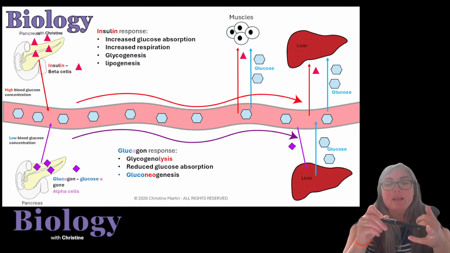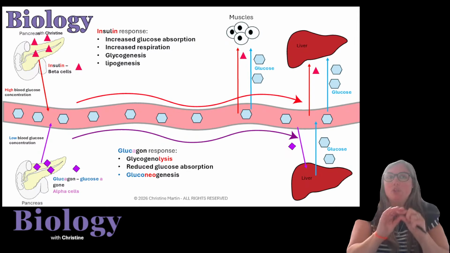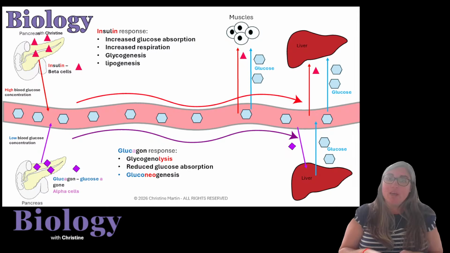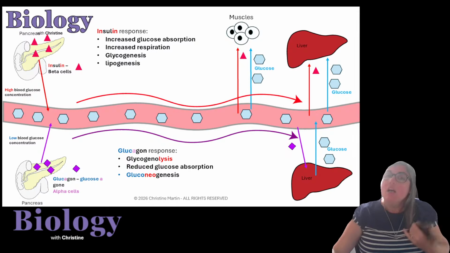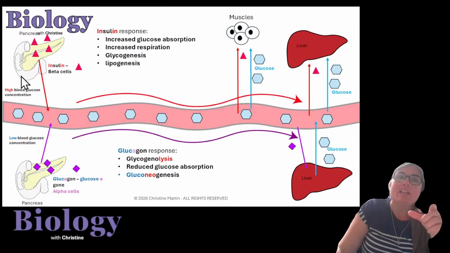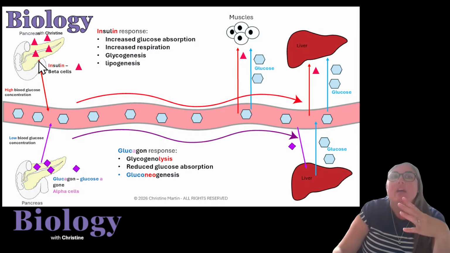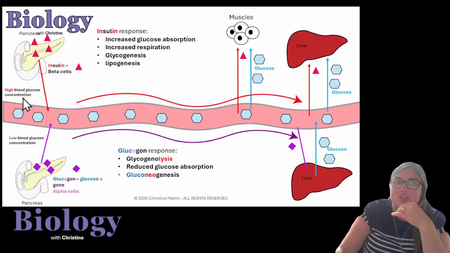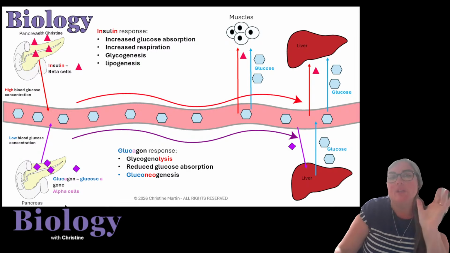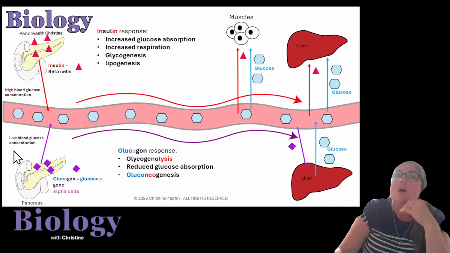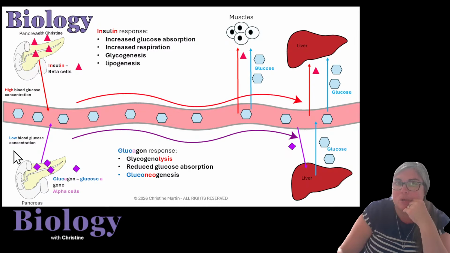Also, we need to maintain our water potential. So we want to maintain our blood sugar levels at a specific narrow range, and so therefore we have insulin when our blood sugar levels are high. We have glucagon from our alpha cells when our blood sugar levels are too low.